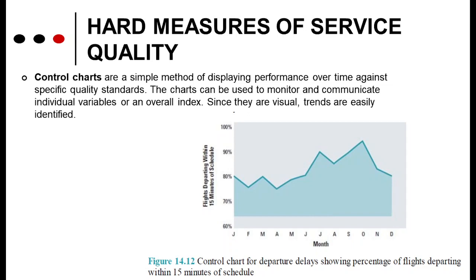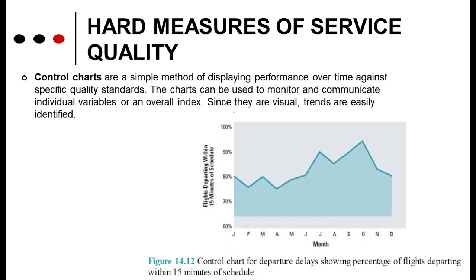If you look at this particular control chart, in the month of October there has been a very good performance. You see, over 90% of the flights have departed within 15 minutes of schedule.